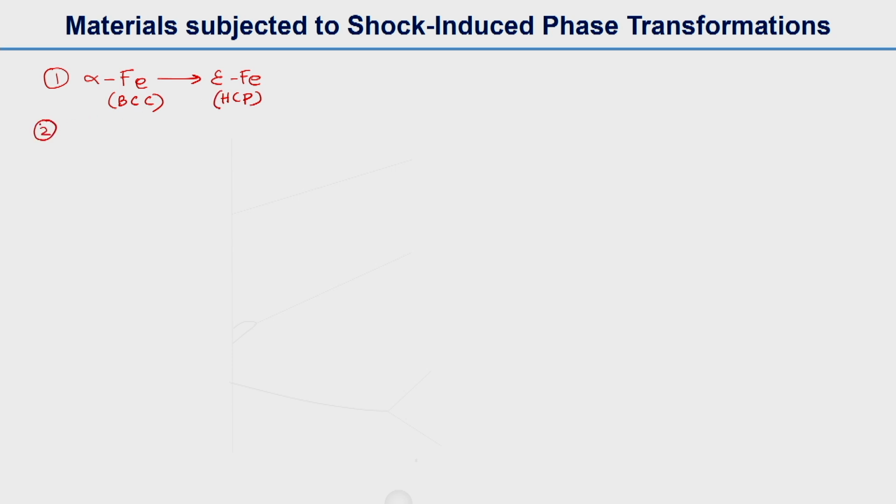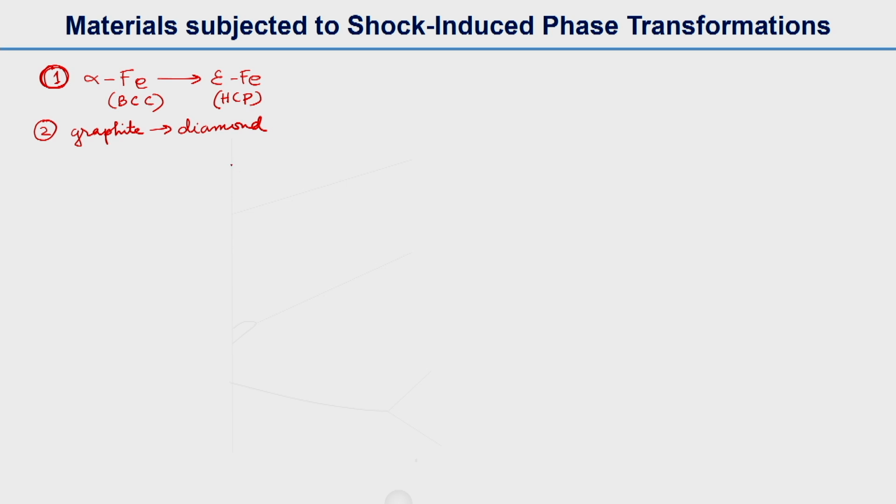The second example is graphite to diamond phase transformation under shock loading. So we will first talk about the first phase transformation, that is, alpha iron to epsilon iron.